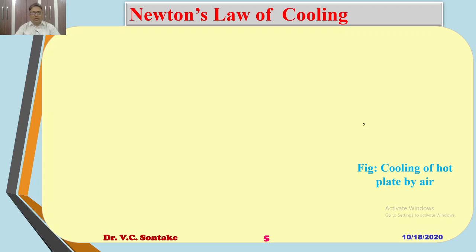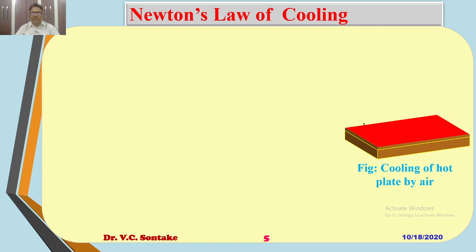In order to explain Newton's law of cooling, let us consider a typical case, cooling of a hot plate by air. Let us consider a plate at surface temperature Ts, exposed to air at temperature T infinity and convective heat transfer coefficient h.